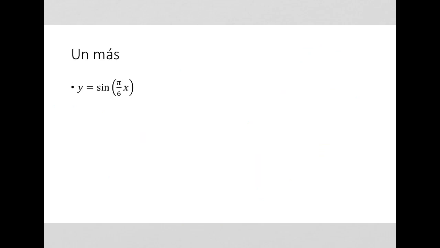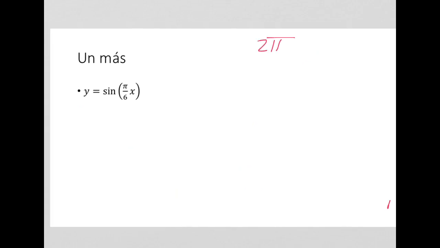Okay, what about this one? Getting a little trickier. Last one here before we move on to the next idea. So let's go ahead and take our normal period of 2 pi and divide it by our pi over 6. What's going to happen? The pi's are going to cancel, the 6 is going to move up, and we're going to get a period of 12.